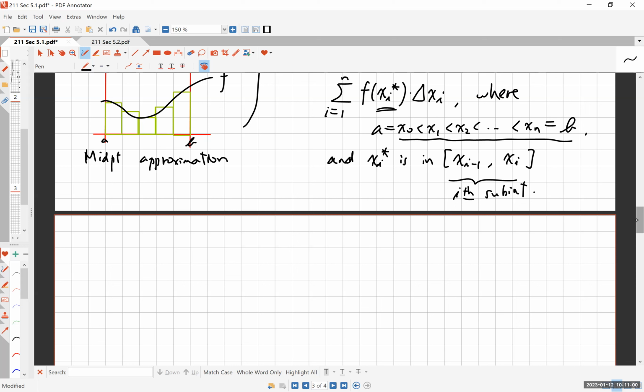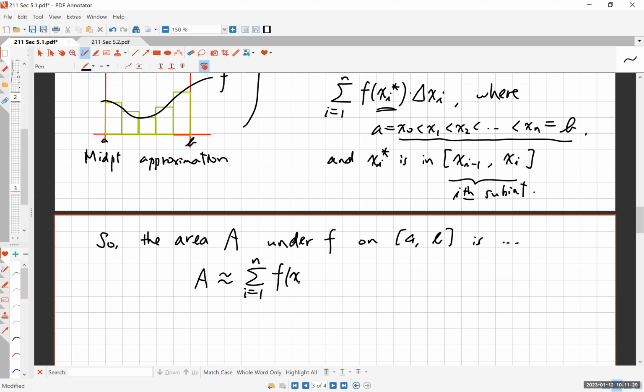All right, good. So the area A under f on this interval is approximated by the Riemann sum, which is again the sum from 1 to n of f of x_i star delta x_i.